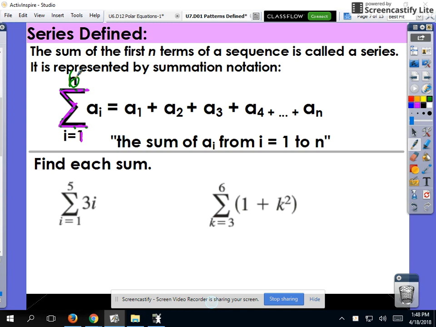Okay, for this one down below, I'm going to try this first one on the left. So this is a summation from 1 up until 5. So there needs to be 1, 2, 3, 4, and then up to 5. So let's plug it in. If we plug in 1, we get 3. If we plug in 2, we get 6. We plug in 3, we get 9. Plug in 4, we get 12. Plug in 5, we get 15.